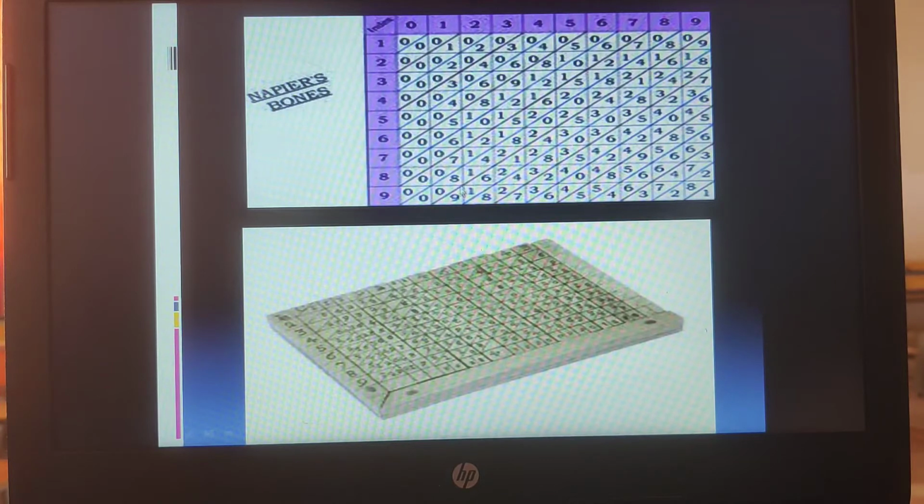This is the 1 table, the constant is 0. Here if you see, it is the 2 table. This is the 3 table. This is the 4 table. Each one of the rods is representing one column of multiplication. So this Napier's bone came into existence in the year 1614 AD, developed by the Scottish mathematician.